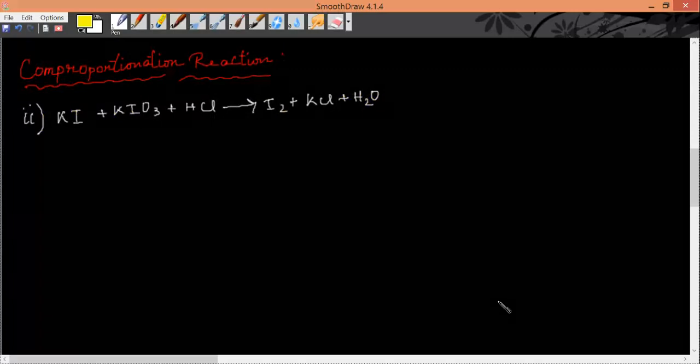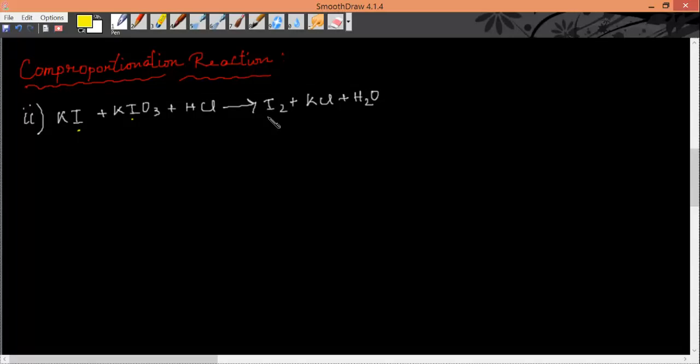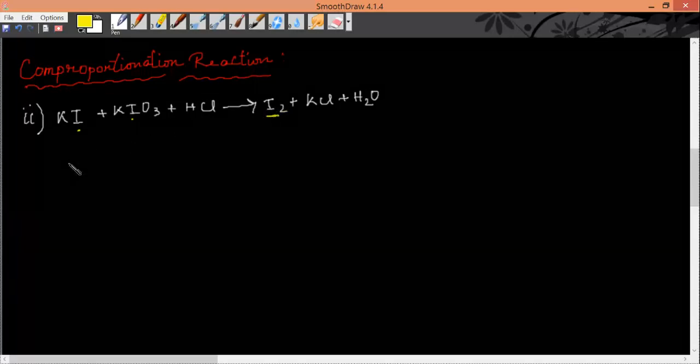Now, an example of a comproportionation reaction. Two substances, KI and KIO3, contain the atom I in both cases, and one is reduced and the other is oxidized to give one product which contains iodine. It is iodine. Okay.